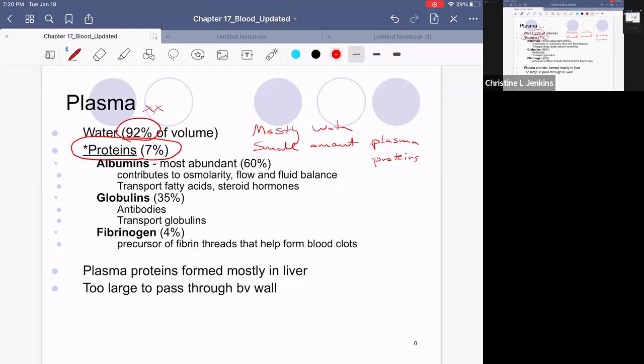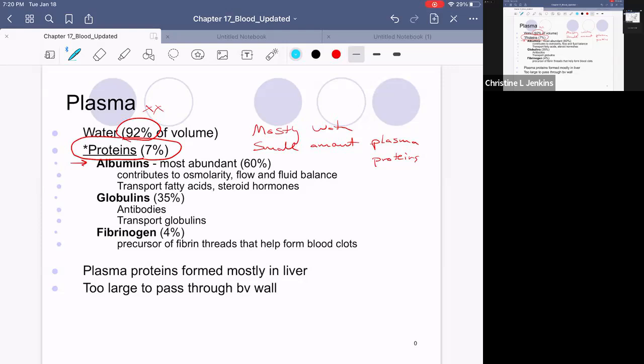The most abundant plasma protein is something called albumins. Maybe you've heard of albumin before. It's a plasma or blood protein, plasma protein. I'm gonna circle one important function, and that's the only function you need to know.